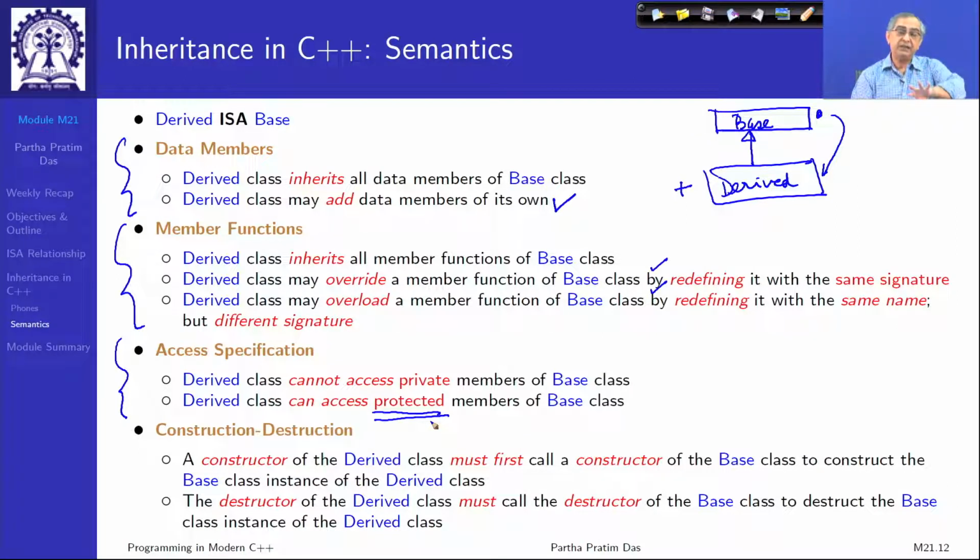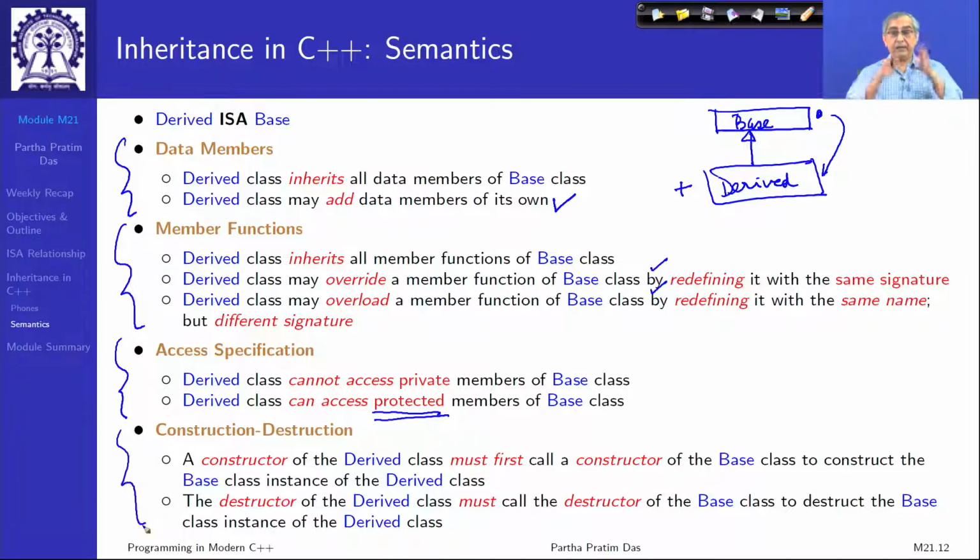To the base class itself, everything is available, so it is like public. But the specific semantics is that the derived class will be able to access these members, whereas no one else would be able to do that. For private, the derived class will still have the restriction that it will not be able to access the private members. And then we will have a sequencing in the constructor and destructor calls.